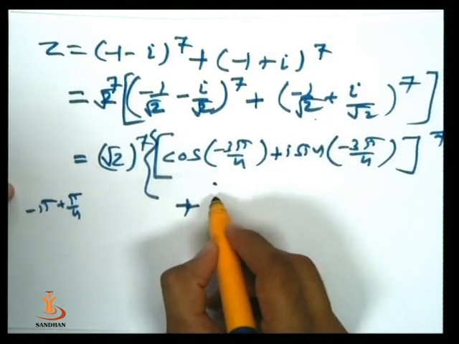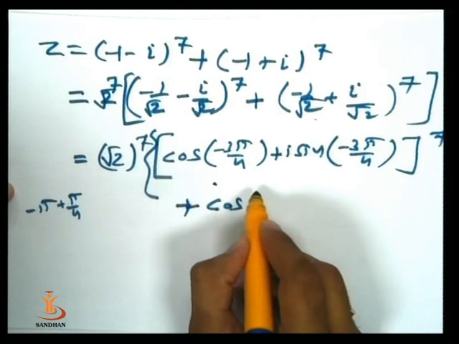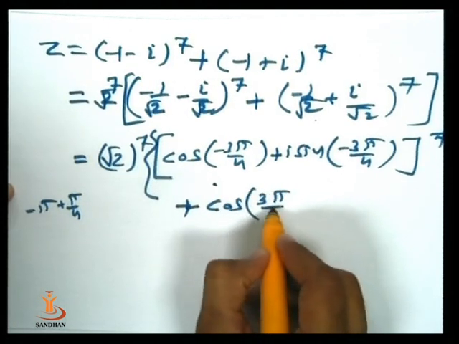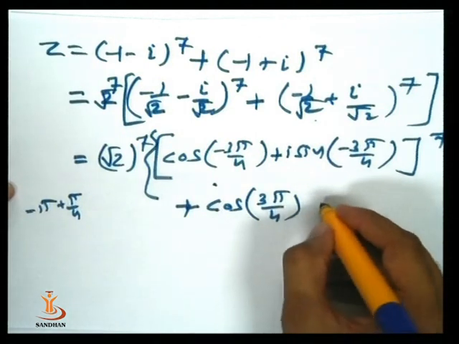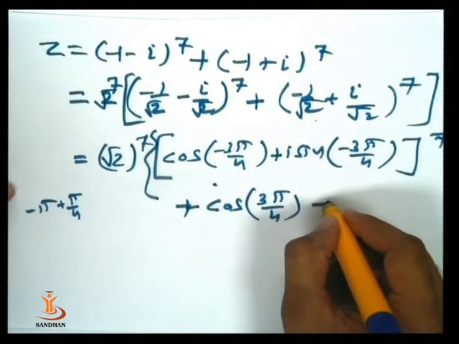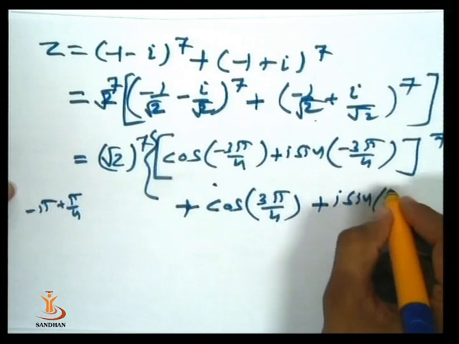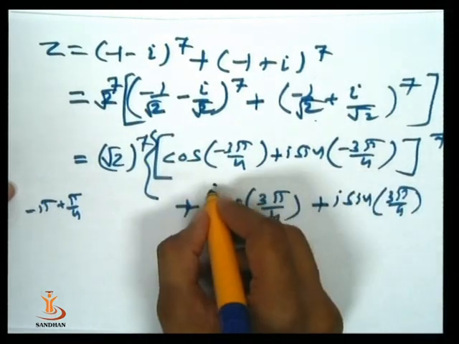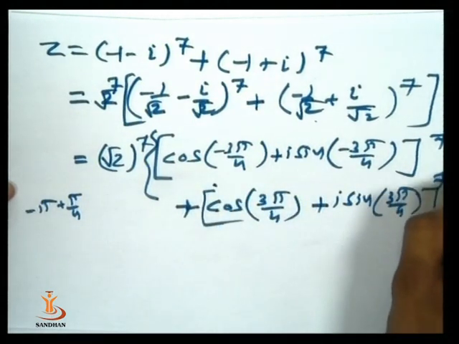So this is cos 3 pi by 4, that is pi minus pi by 4, plus i sin 3 pi by 4, the whole raised to 7.